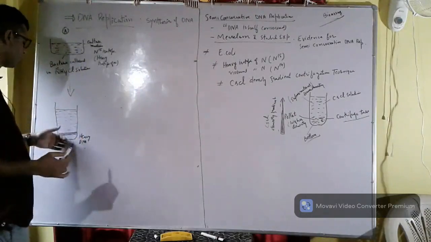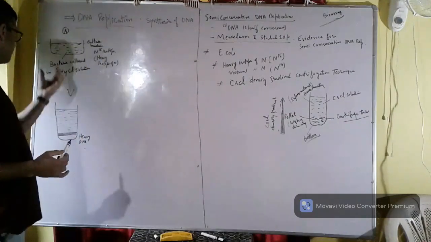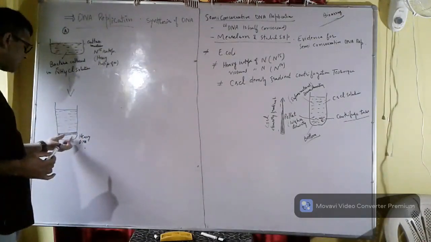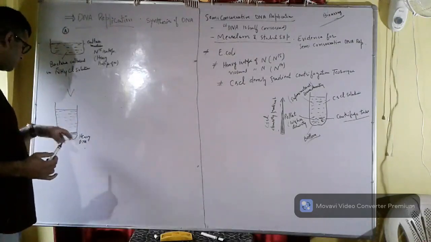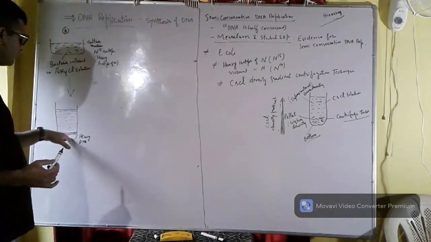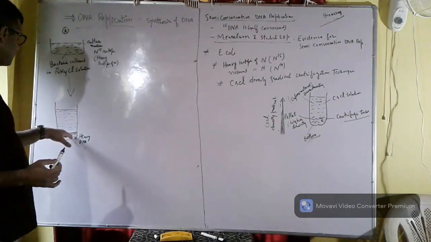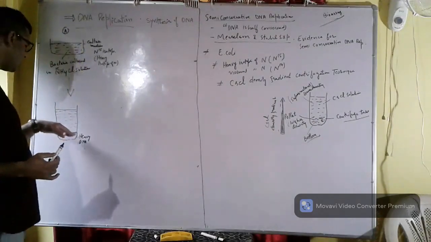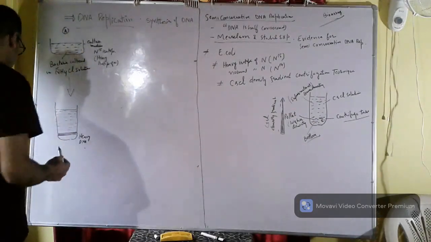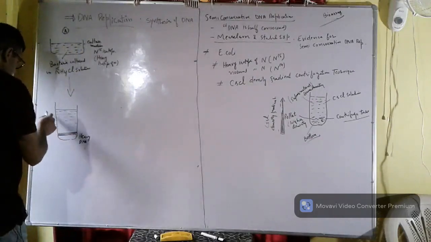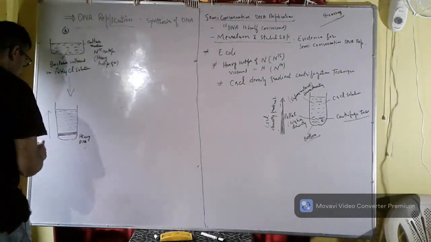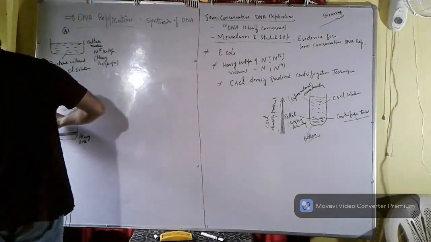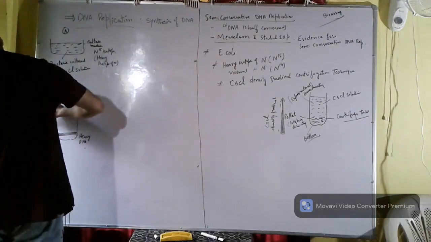In the cesium chloride solution, this DNA formed a band at a particular location in the pellet. That is, in the pellet this heavy DNA formed a band. So we can say that this is the cesium chloride density gradient.